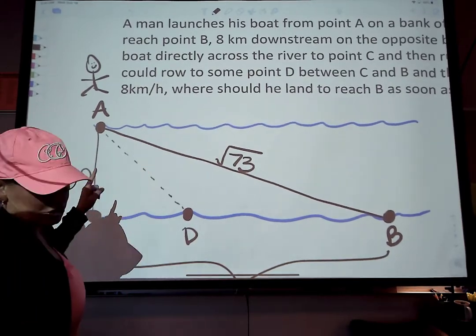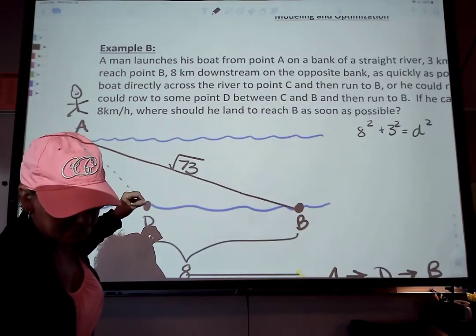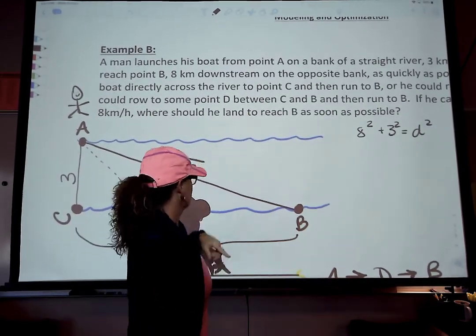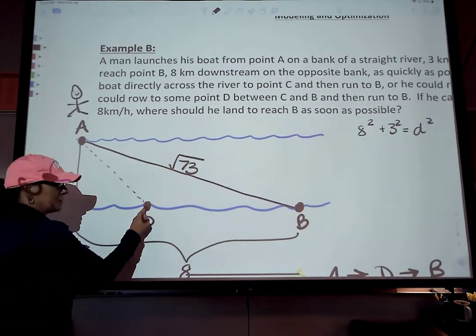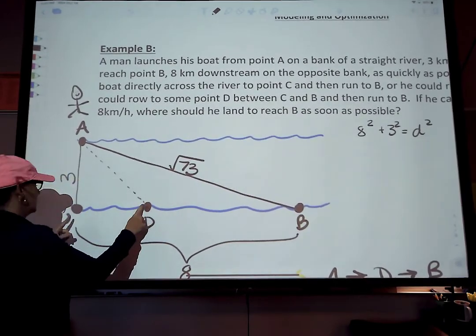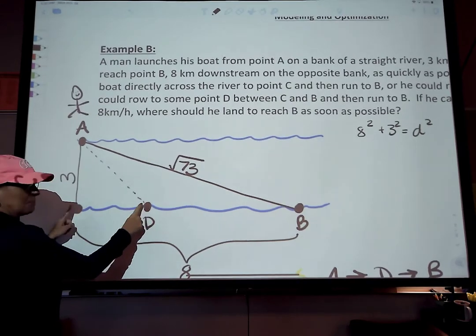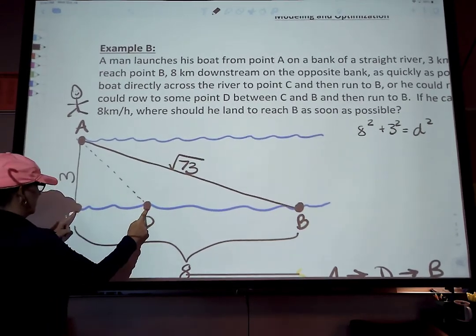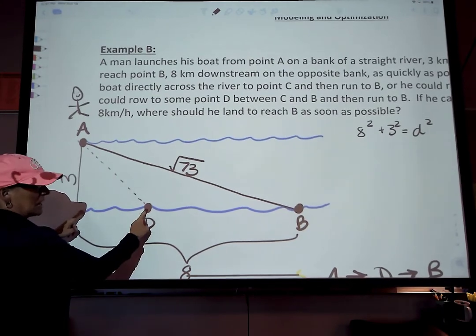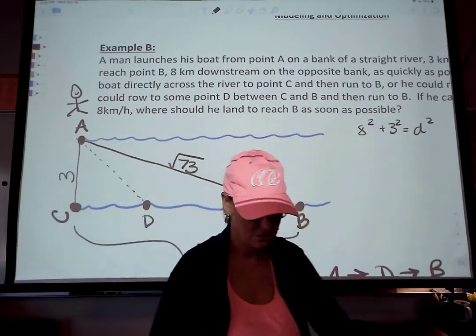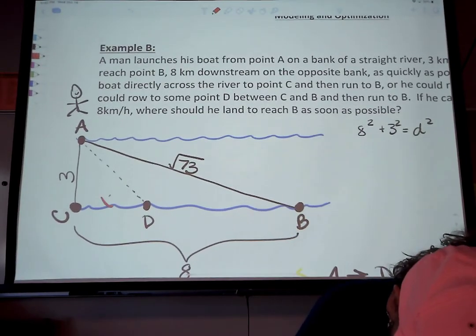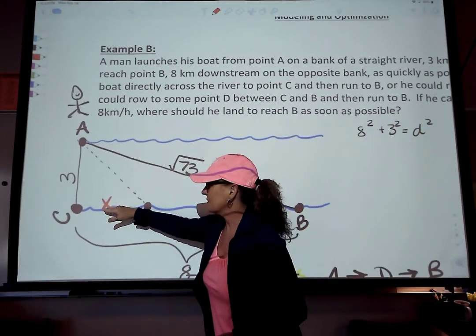And notice the question says, where should he land? Where should he land to get there as soon as possible? So I think maybe I want to call this x. You think that sounds like a good idea? Let's call this distance x.